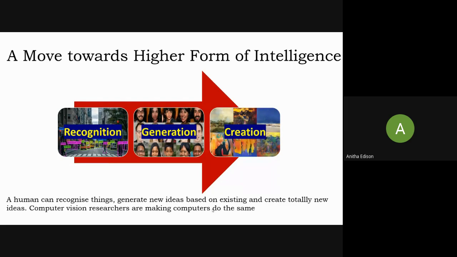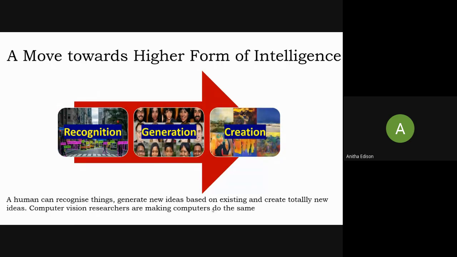Next, what a human can do is generate ideas. For example, I'm not speaking from a computer vision perspective, but Newton put forward the idea of gravity when an apple fell on his head.